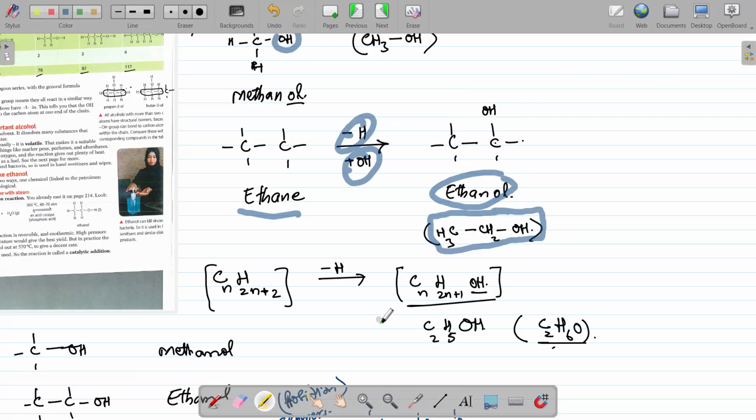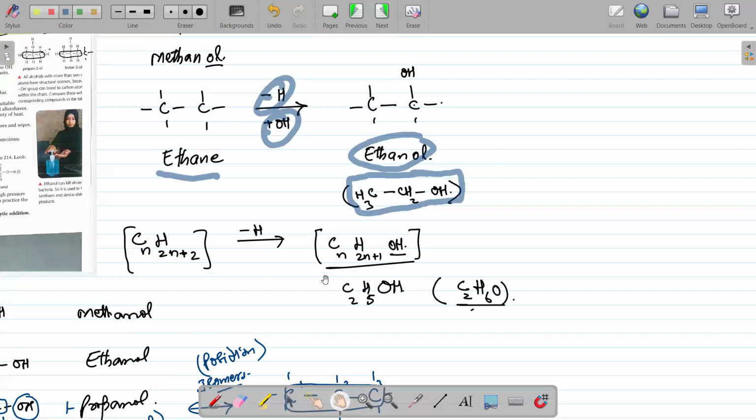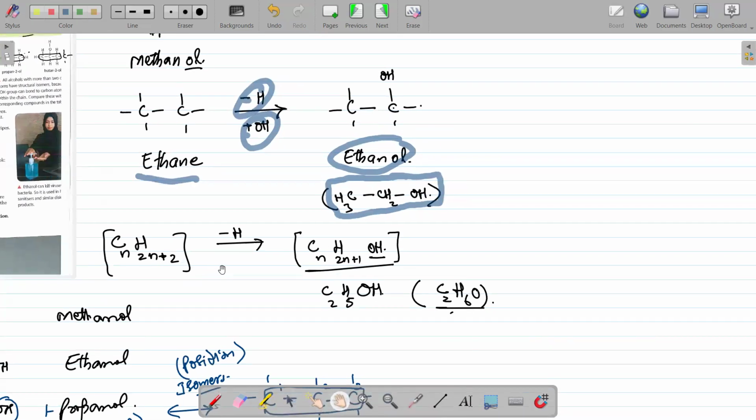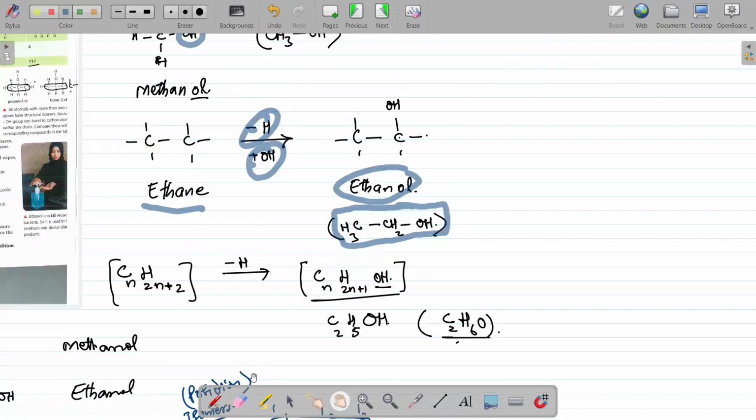Yeah. We can also derive its general formula. What is the general formula of alkane? The alkane general formula is CnH2n+2, right? So if we remove one of the hydrogens, what will be the formula? Then its formula will be this one, isn't it?